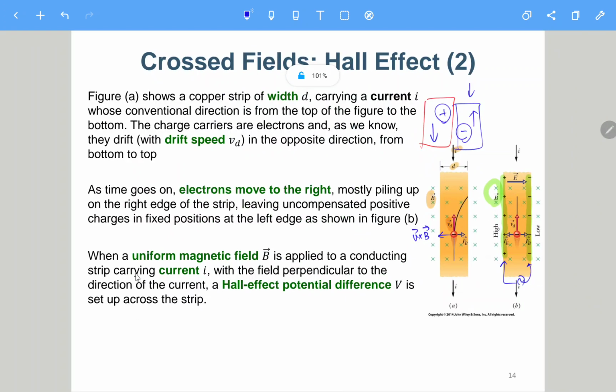Here it says when a uniform B field is applied to a conducting strip carrying current I, perpendicular to the direction of the current, a Hall effect potential difference V is set up across the strip, between the left surface and the right surface.